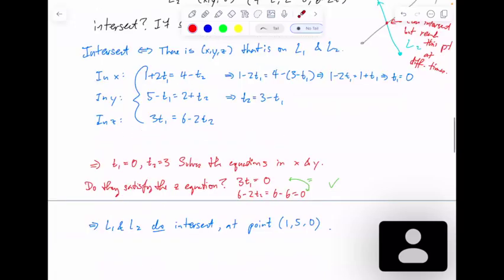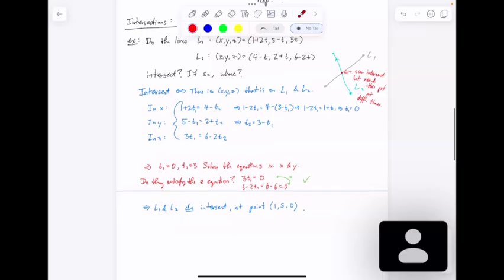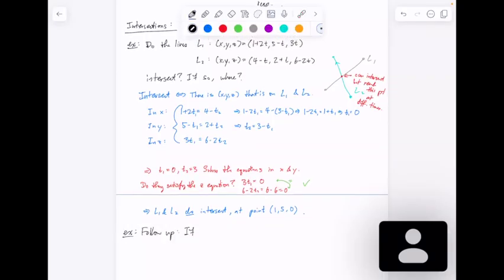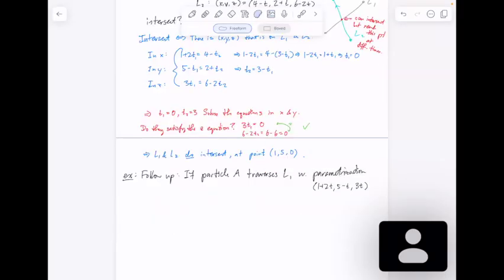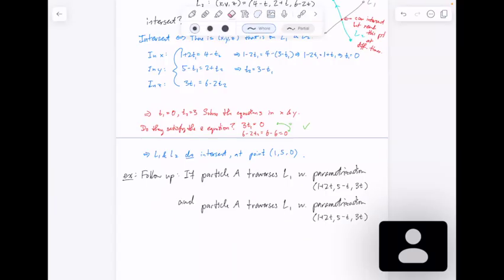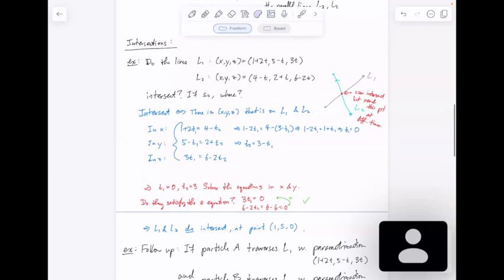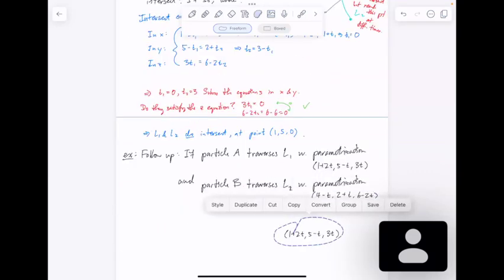It does not. All right, so let's do a bonus follow-up. Let's say particle A traverses L1 with one parameterization, and particle B traverses L2 with a second parameterization. Do these particles collide?